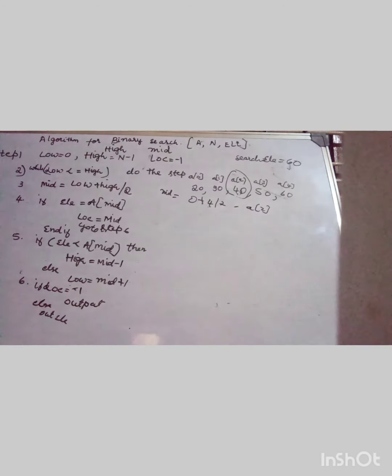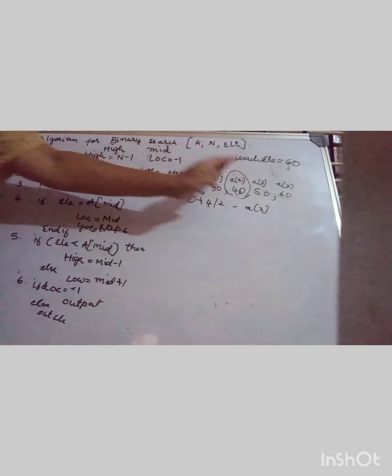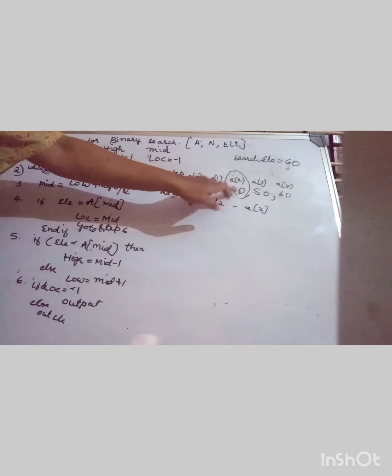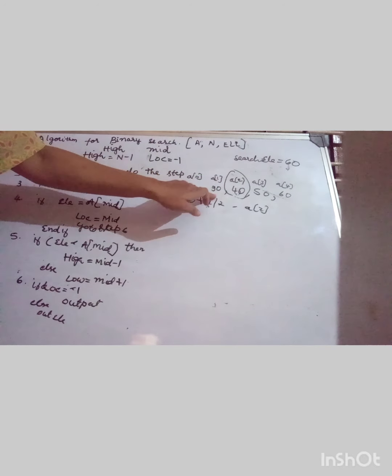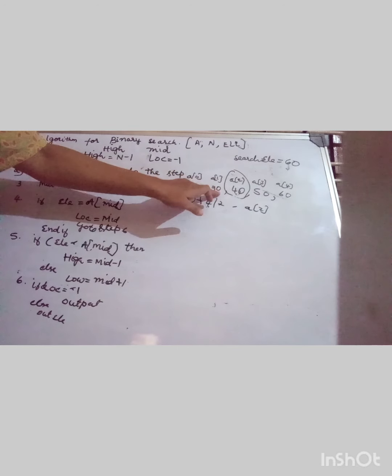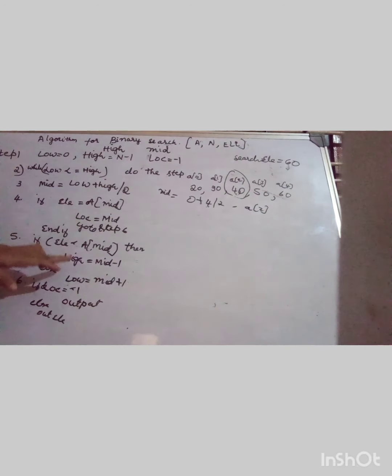If it is greater than 40, the searching should start on the other side. Here the element is less than A of mid then high becomes mid minus 1. Mid minus 1 will be high, and the element will lie on this side. That's the meaning of high is equal to mid minus 1.